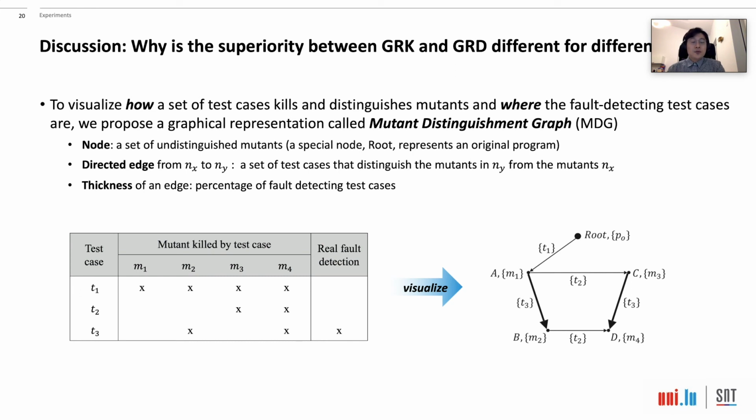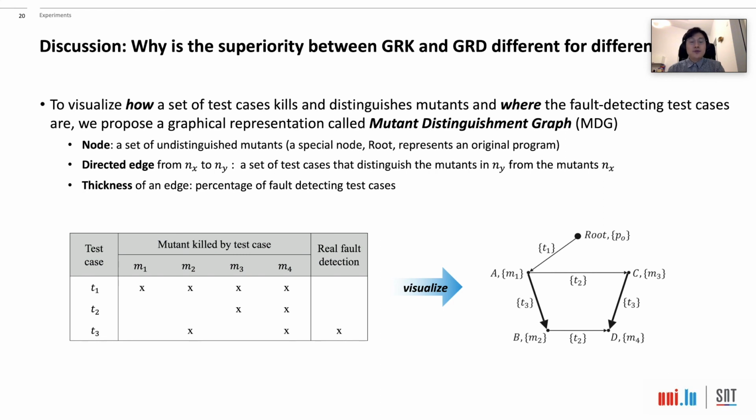Assume that we have mutant kill and fault detection information as shown in the left table. It shows that T1 kills all mutants, T2 kills M3 and M4, and T3 kills M2 and M4. We already know that T3 is the fault detecting test case among the 3 test cases. This information is visualized using the MDG shown on the right.